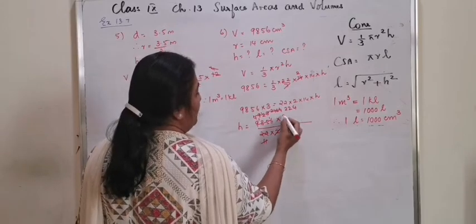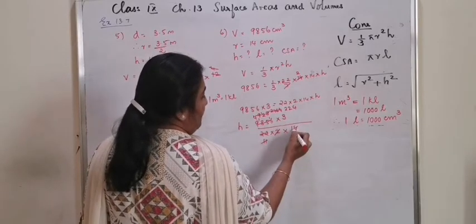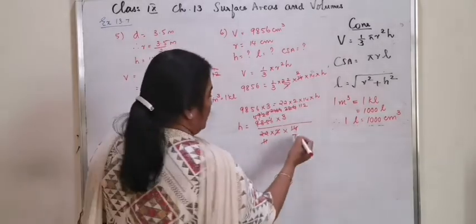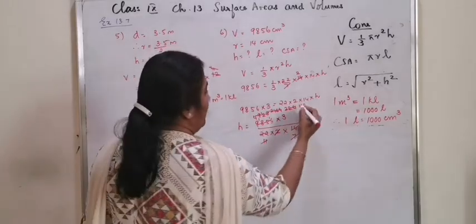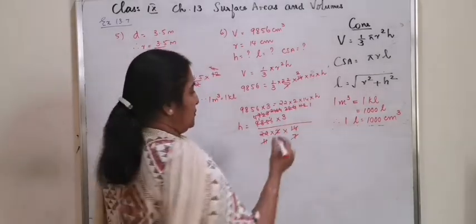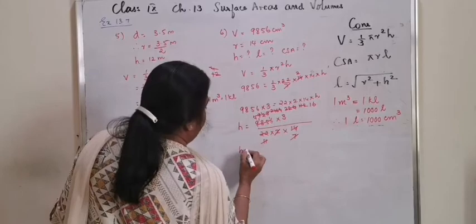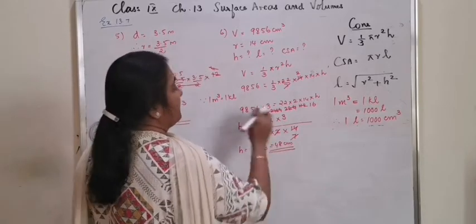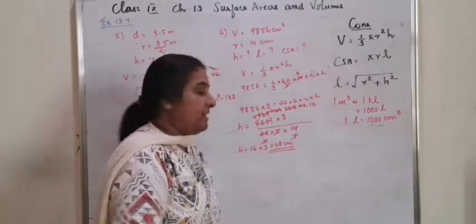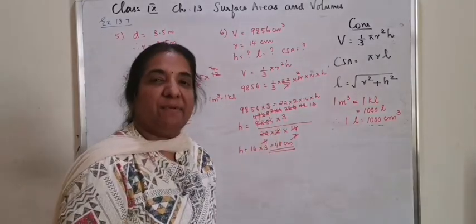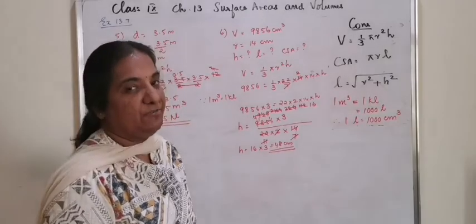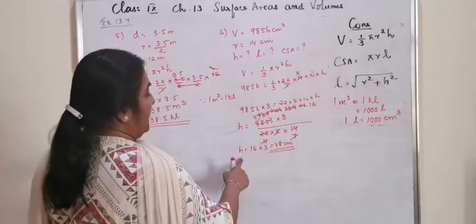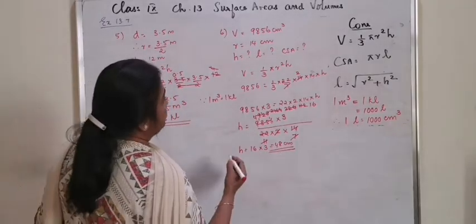The next is with 14, 14 to 7 and it is 112. Again 7 is divisible with 112. 7 1s are 7, 42. So 3 into height is equal to 16 into 3, 48 centimeter. Instead of multiplying, you can simplify with the table of 2 or the table of 11, but try to simplify it. Height is equal to 48 centimeter.